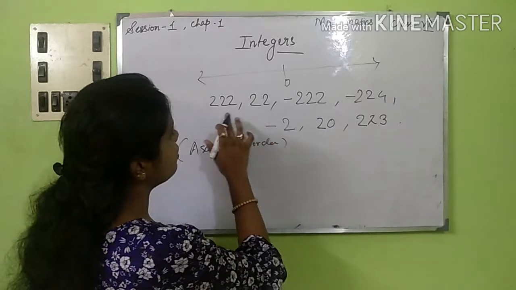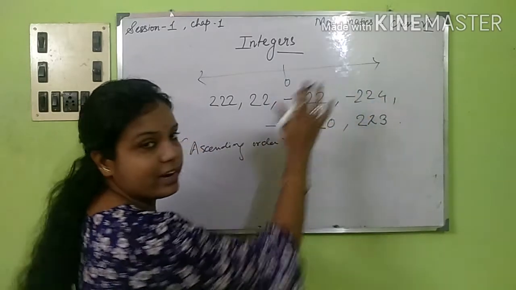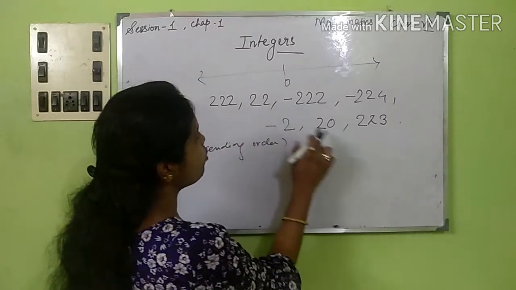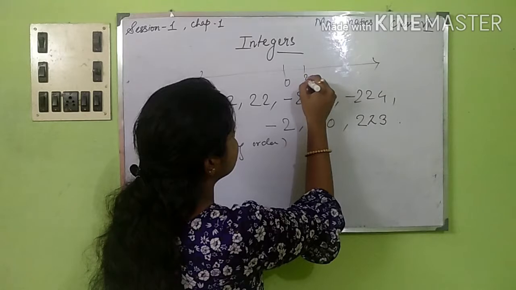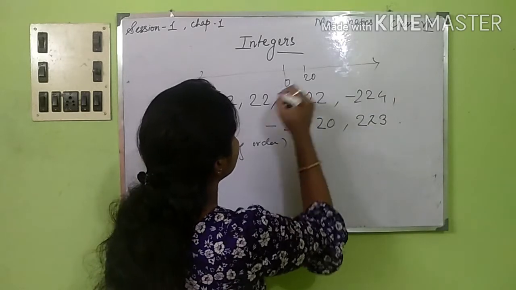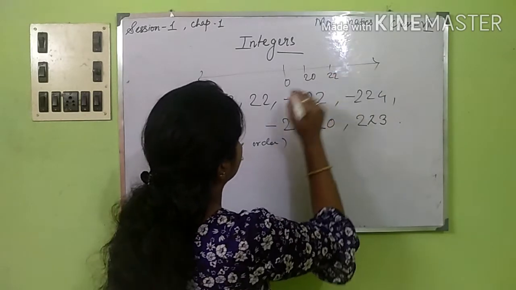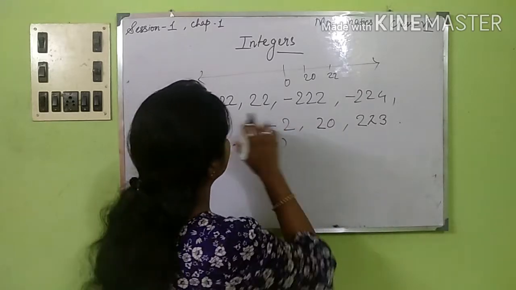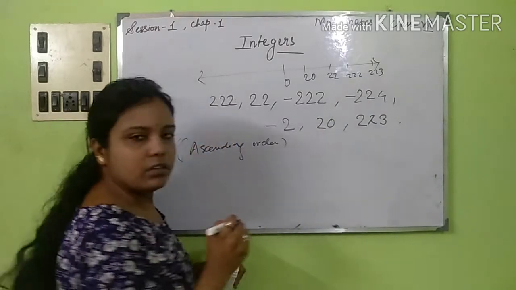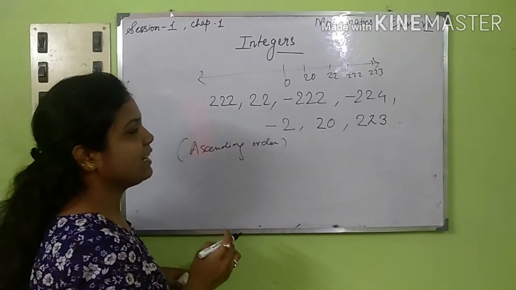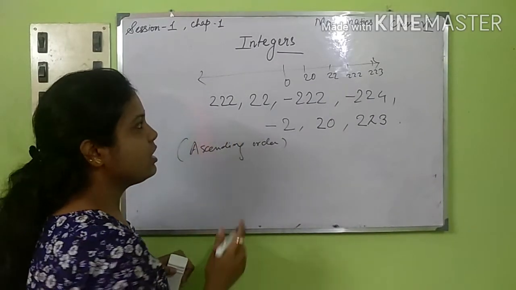Obviously the positive numbers will come towards the right hand side, right? The first smallest positive number over here is 20. That means first that will come as 20. Then it will come as 22, then 222, and then 223.